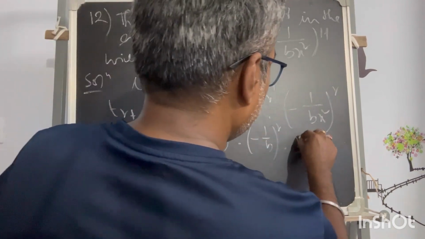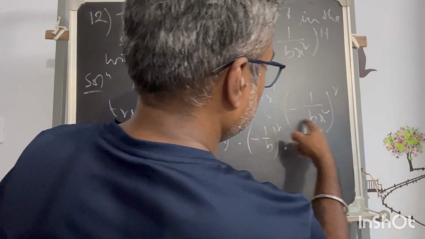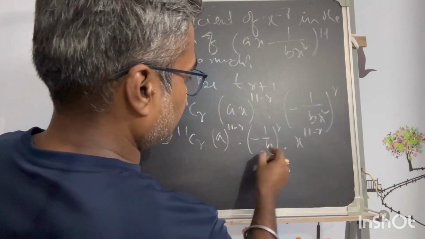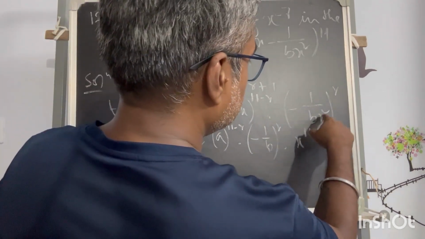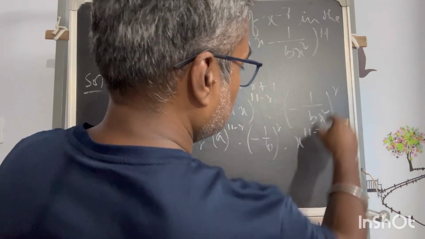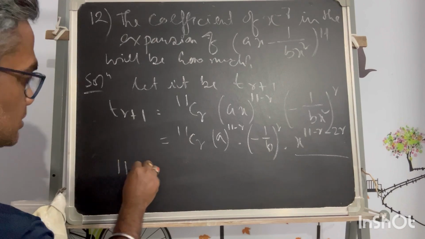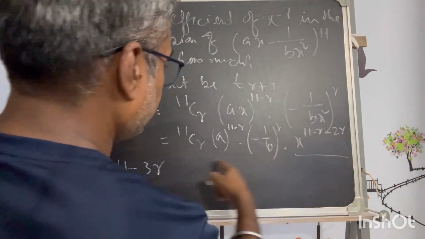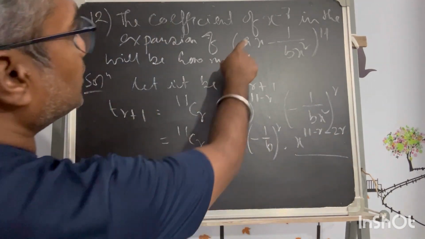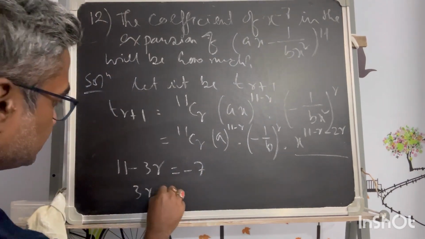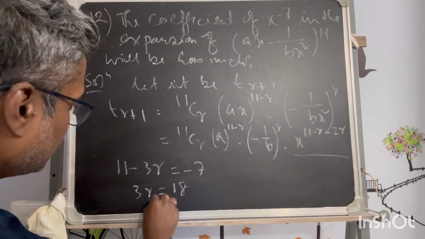So x will remain as x to the power 11 minus r, and this minus I have already taken with the b, so this x will be x to the power 2r, so this will be deducted from there. Now ultimately the x power that I am getting from this expression has to be equalized with minus 7. So this 3r is equal to 18. So r is equal to 6.